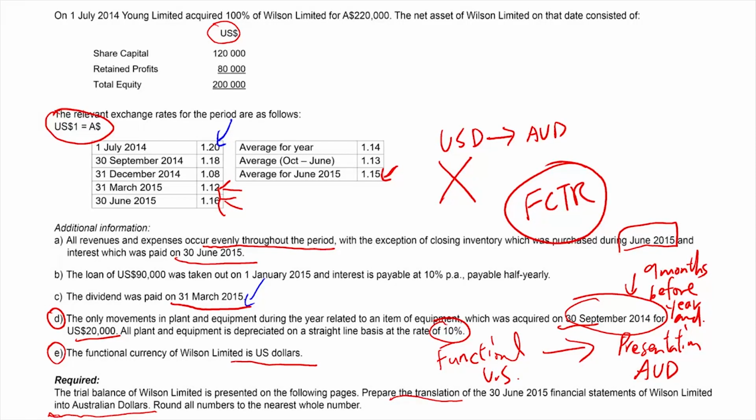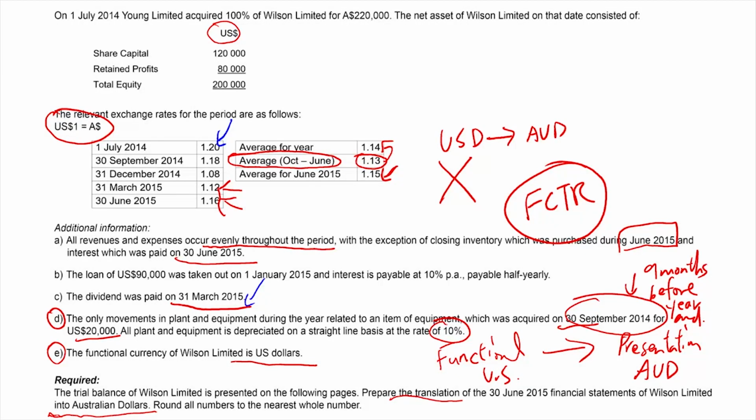But for this new piece of equipment, we are only going to use the average rate from the date that you bought it to the balance date. And right now you can see that we got the average from October to June of 1.13, which is different from the average for the whole year.